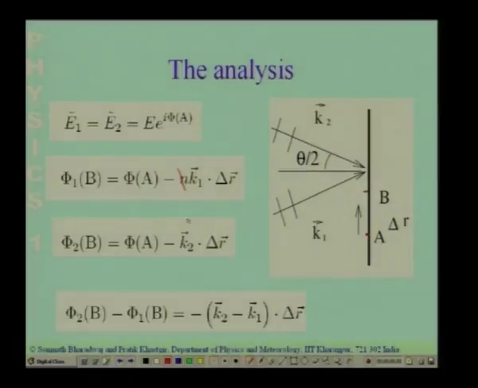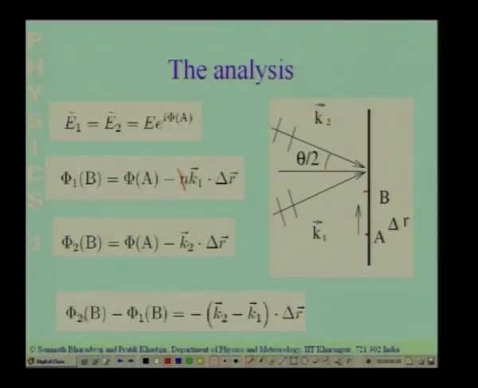Because k1 and k2 are different, the phases of the two waves at this point B are going to be different. So, phi 1 and phi 2 at the point B are going to be different. So, there is going to be a phase difference between the two waves at the point B, and you can calculate it.